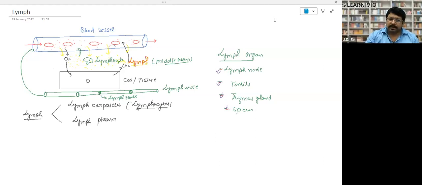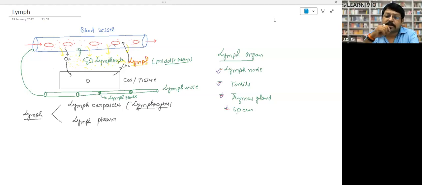Yes. Then this lymph or blood plasma keeps on leaching out of the blood vessel. What will happen? If it keeps on coming through the gaps, it will start accumulating between the cells and the lymph vessel. The organ and the body will start swelling. Second, the quantity of the blood will reduce.